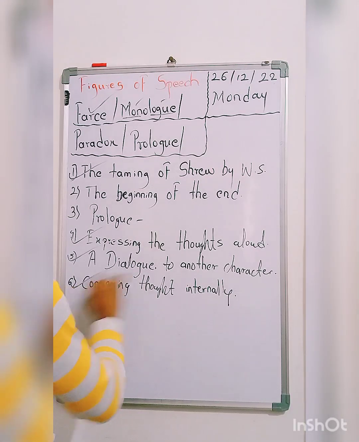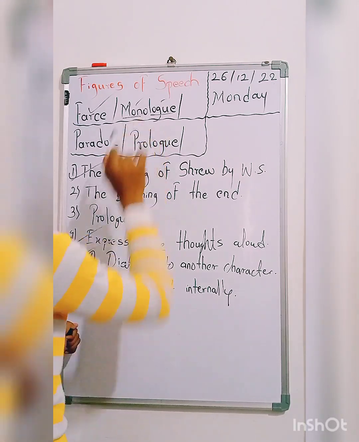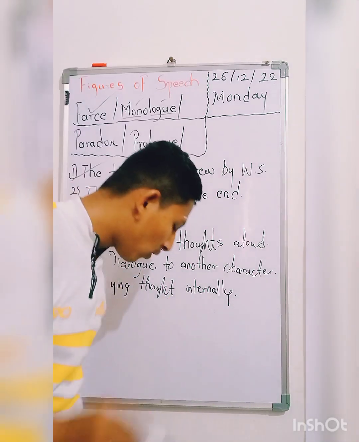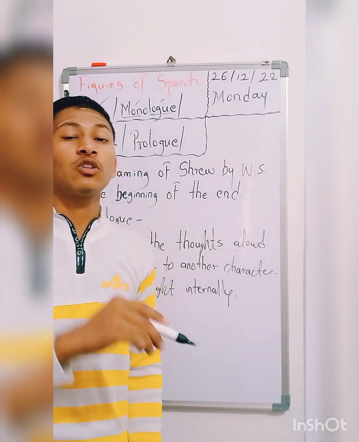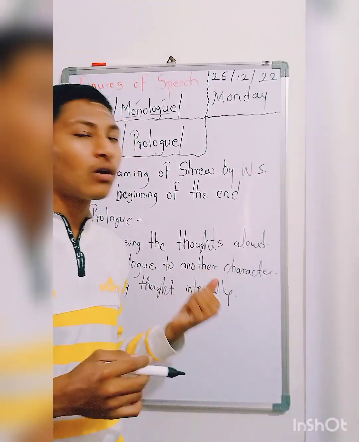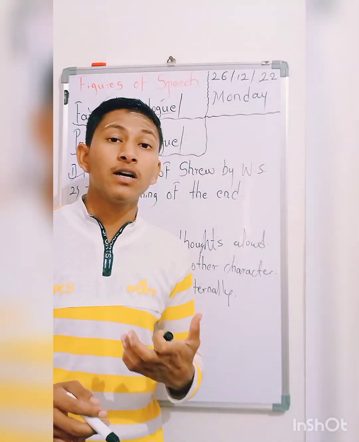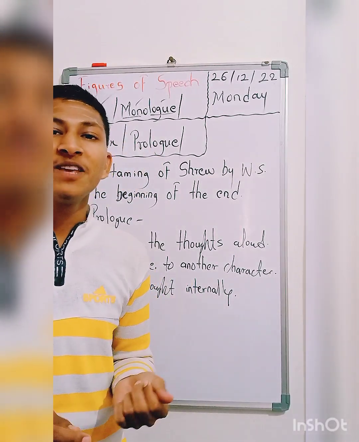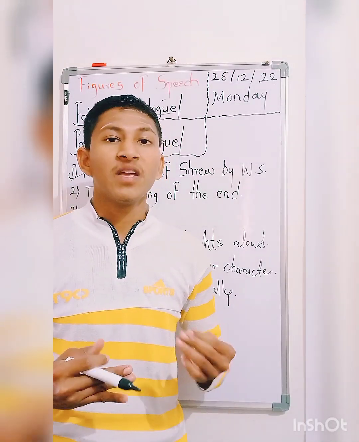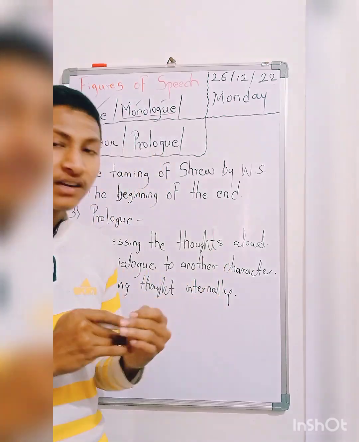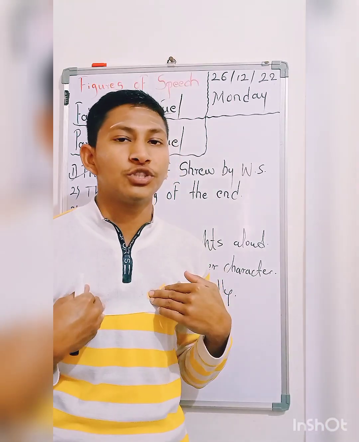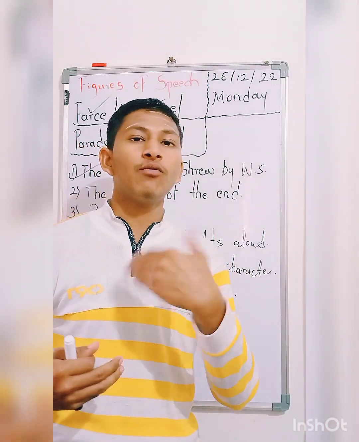The last one is internal monologue, conveying thoughts internally. The speaker conveys thoughts internally to the audience, but this internal monologue of the speaker would be understood only by psychologists, not by common people, because what he is thinking, he knows only himself, and we will not catch that.